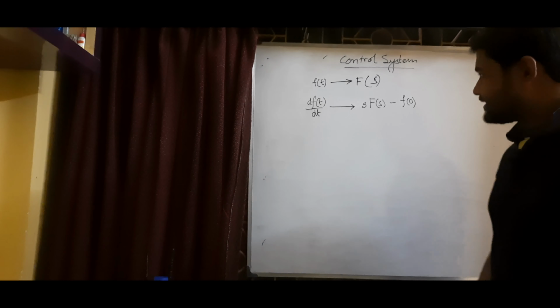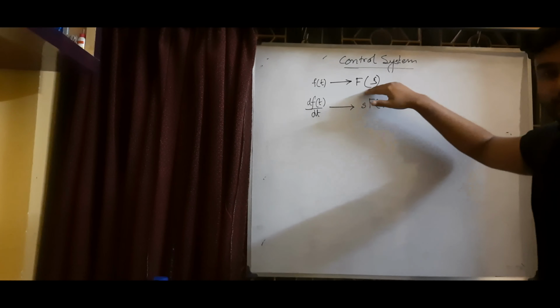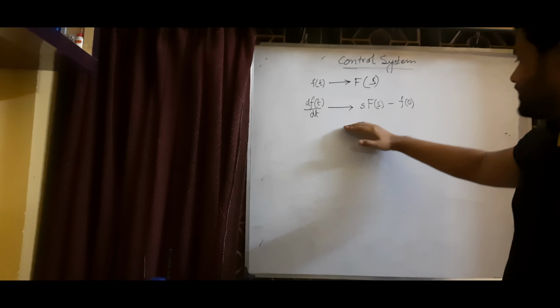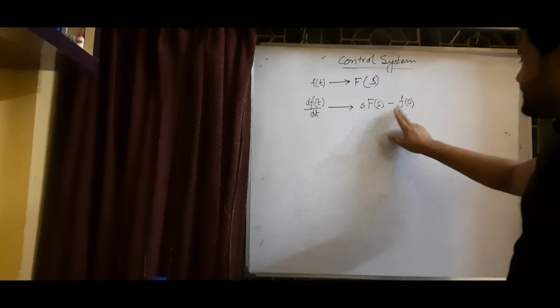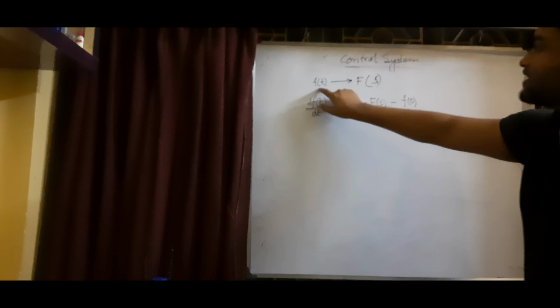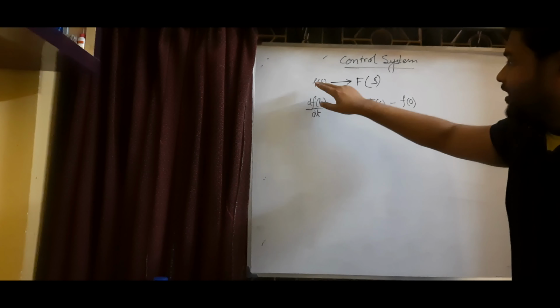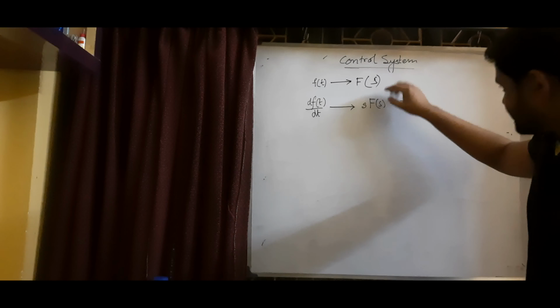So what is this? If f(t) is transformed into Laplace domain resulting F(s), then df(t)/dt will be transformed into Laplace domain resulting this function multiplied with s minus the initial value of this function f(t), the value of f at time t equals to 0. This is time domain and this is frequency domain.